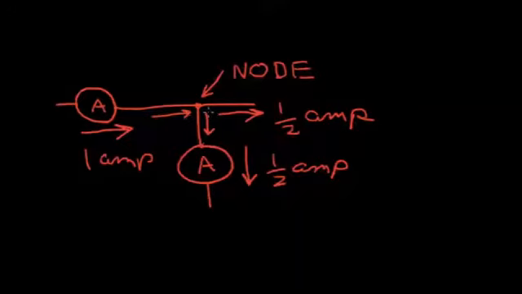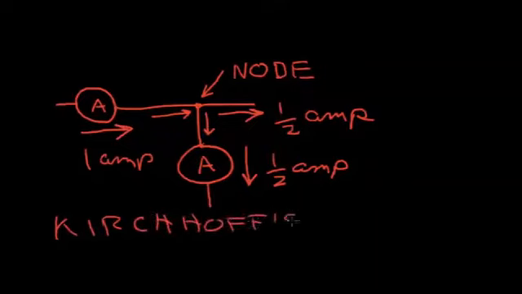So what goes into the node comes out of the node from conservation of charge. And this is called Kirchhoff's current law.